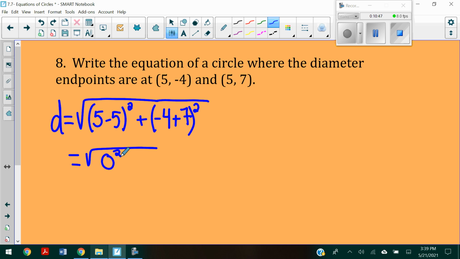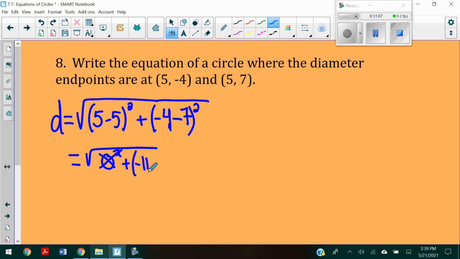And negative 4 plus 7 turns into 3. So this is going to go away. So we end up with, oh no, I messed something up. Yeah, that shouldn't be a plus 7. That should be a minus 7. I was like, this isn't what we're getting. All right, minus 7. There we go.